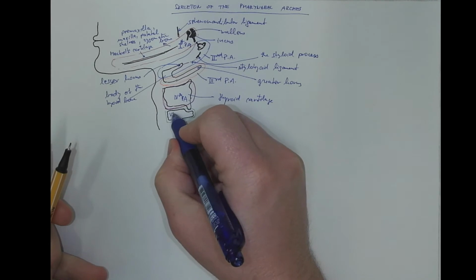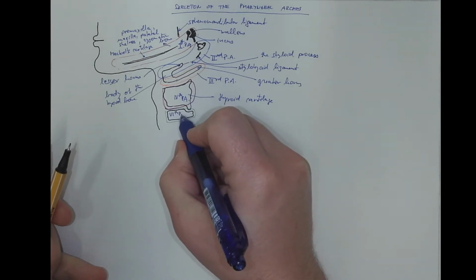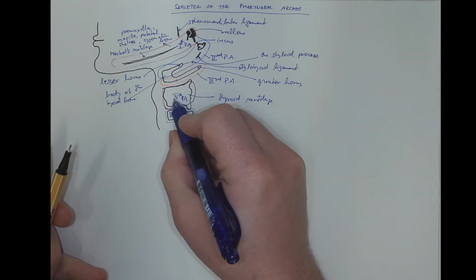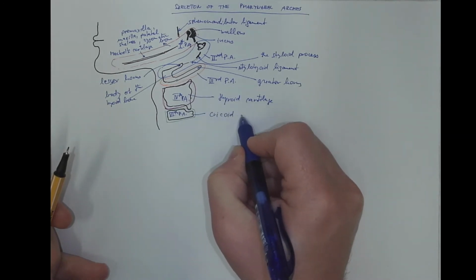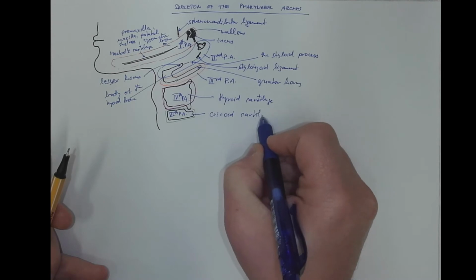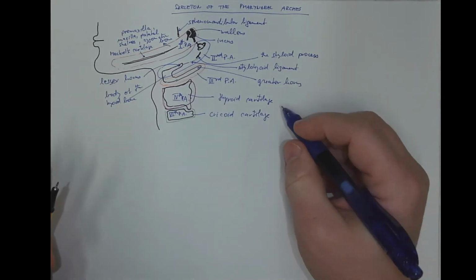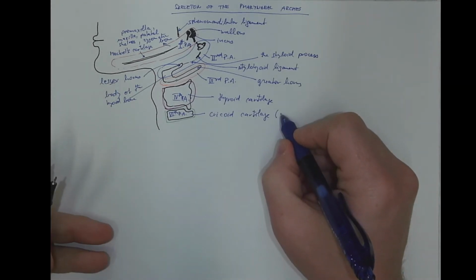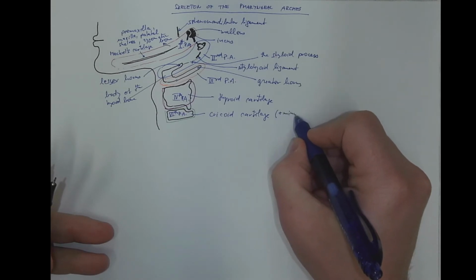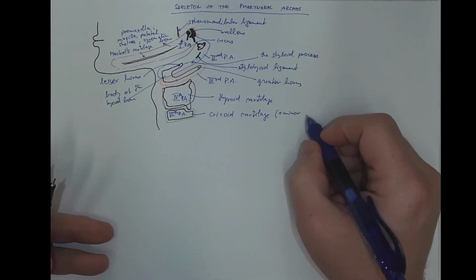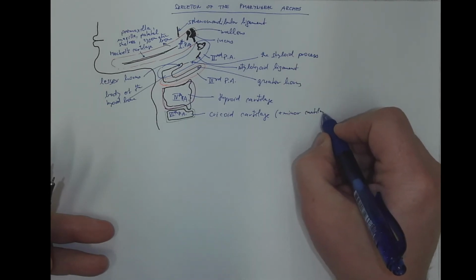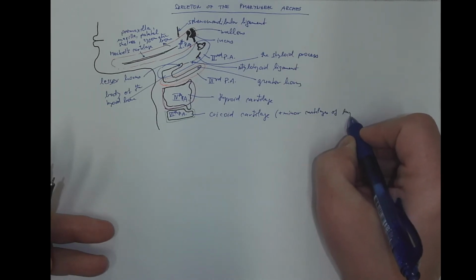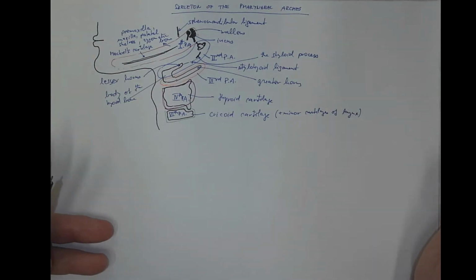So it would be the sixth pharyngeal arch, and it's the cricoid cartilage plus some minor pieces of cartilage of the larynx, like the arytenoid cartilage, for example.